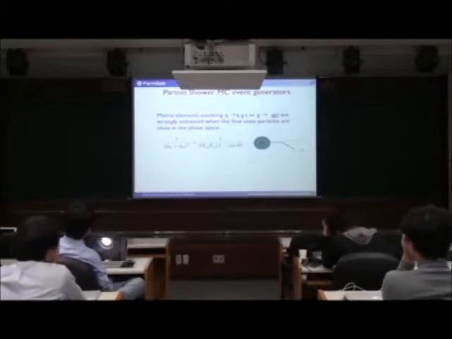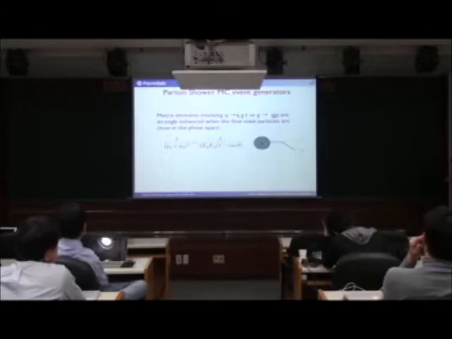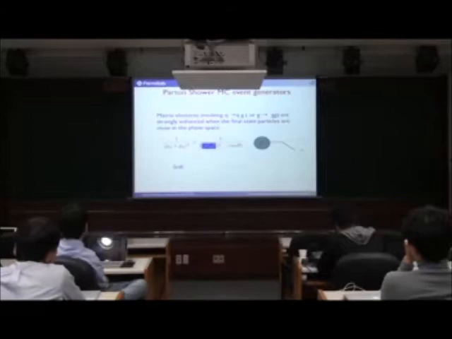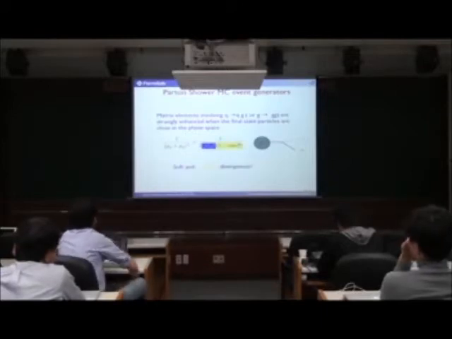So the matrix element goes like this. We have a soft divergence, when the energy of the quark or the energy of the gluon becomes small. And then you have a collinear divergence when the theta between the two gets small.